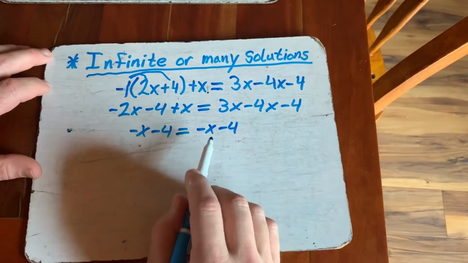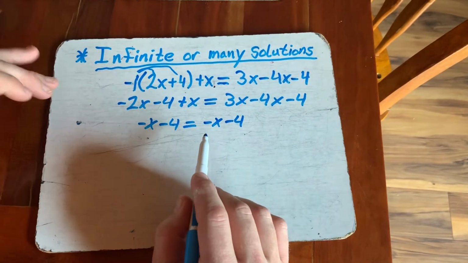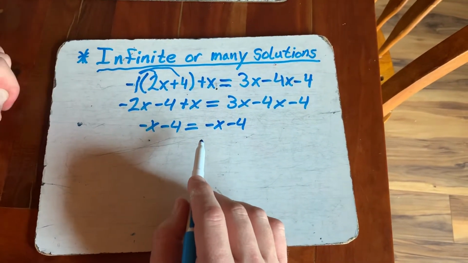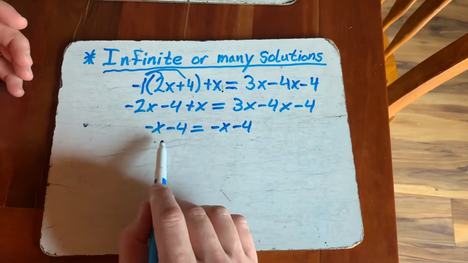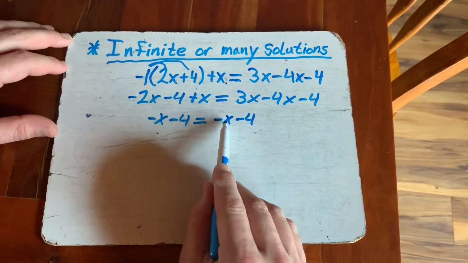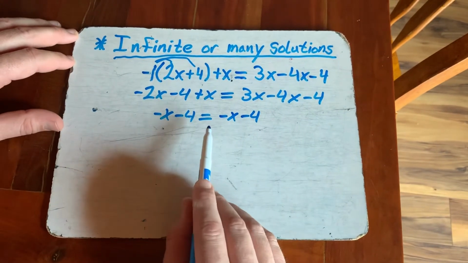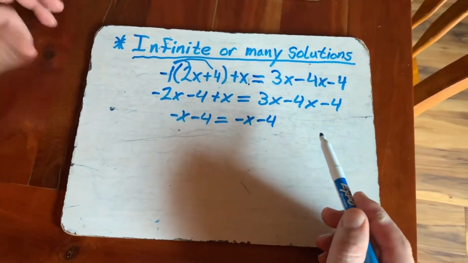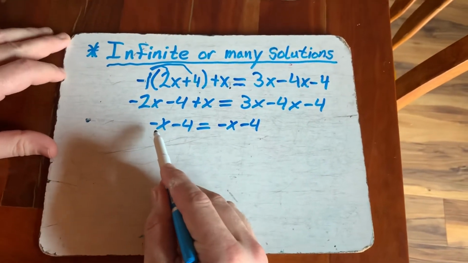Now, the second step in solving equations is, if the variable exists on both sides of the equal sign, get rid of the smaller one. Well, it does exist on both sides. I have an x here and I have an x here. Which one's smaller, negative 1x or negative 1x? Well, they're the same, obviously. But still just proceed the same. It doesn't matter which one you get rid of.